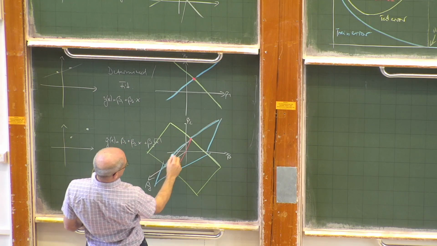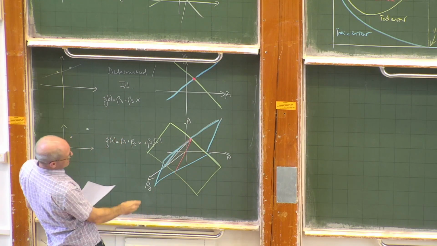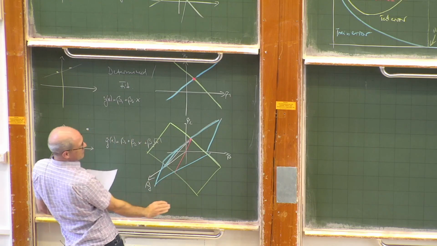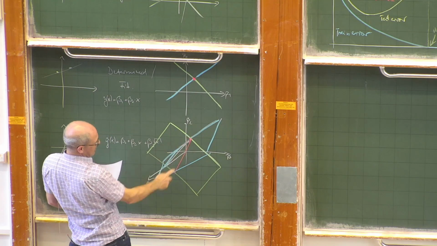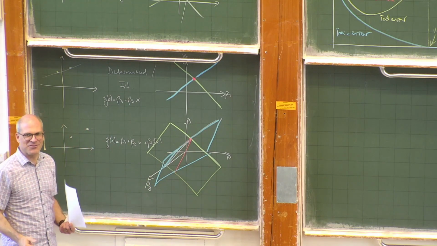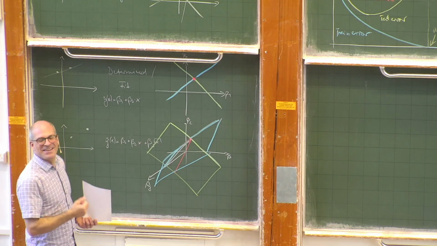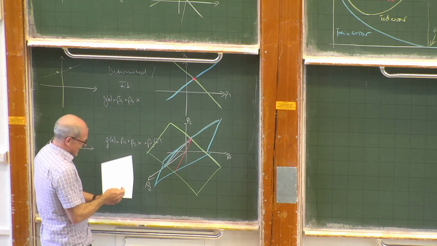I hope ideally you're able to see here a green surface and a blue surface, and they are intersecting each other along this red line. Okay, one person sees it. Thank you so much. You're making my day.